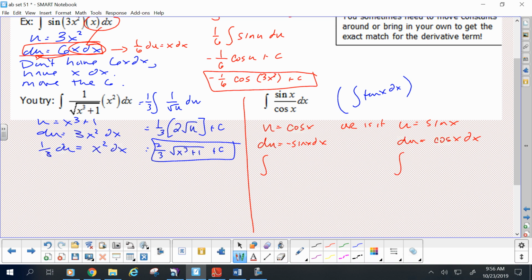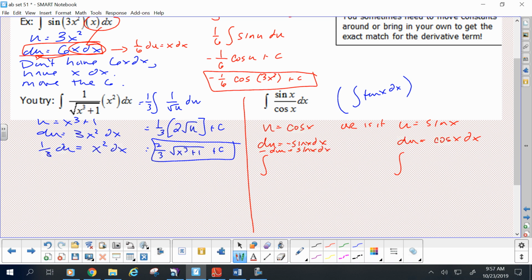Okay, so these are difficult because sine and cosine, one's the derivative of the other, so what's to say which one's the u, which one's the du? Well, if you try it both ways, you'll see that you run into a problem one of the ways. So say you let u equal cosine, then isn't du negative sine? Now that negative isn't a problem because I could move it over and say negative du is sine dx.